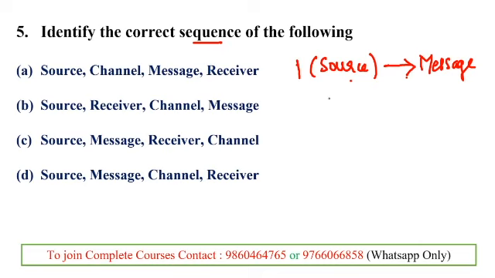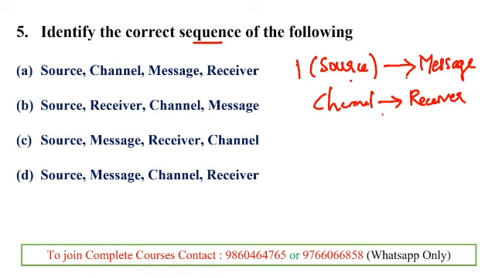So there comes the channel. In channel, you can directly communicate to a person, or you can communicate over a phone, and using internet services or other modes. So these are the channels there. And then there must be a receiver. Clear?